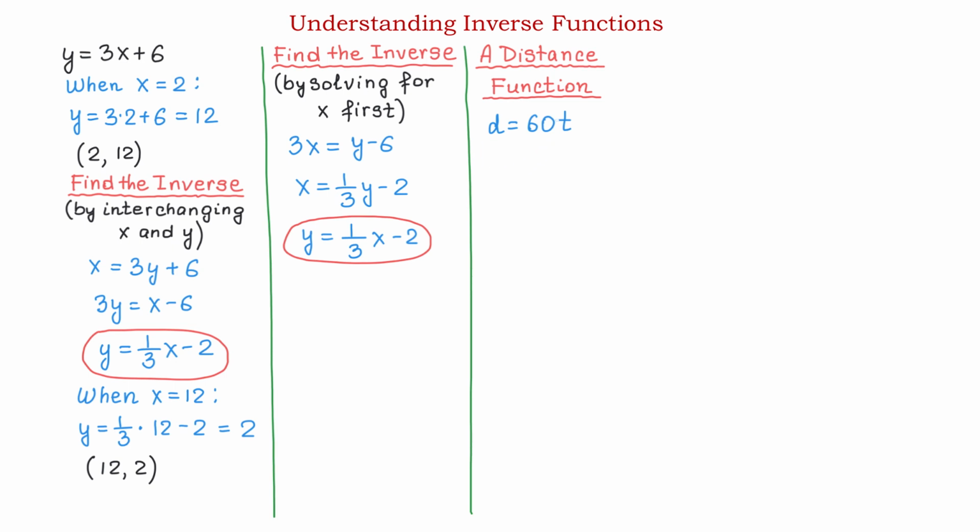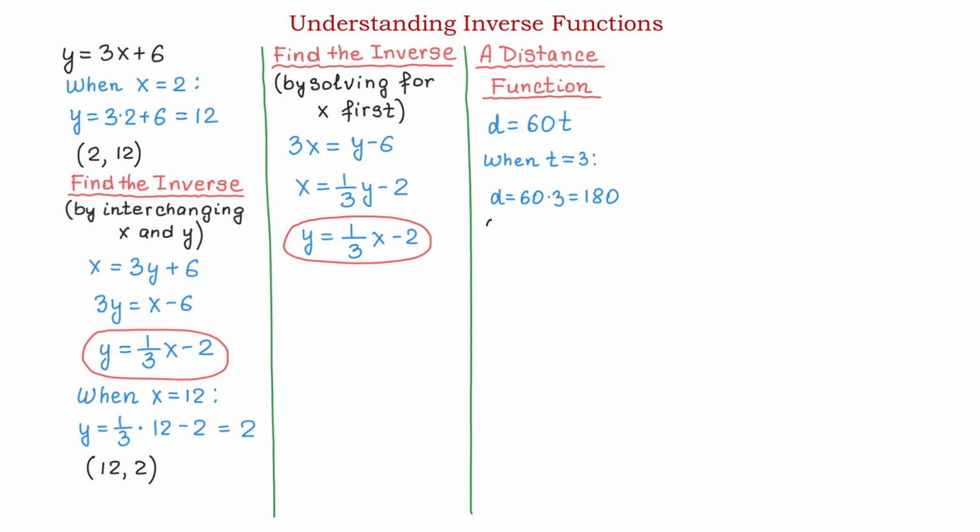If in this function we replace t with 2 hours, then 60 times 2 will be 120 miles. So in 2 hours, the vehicle will travel 120 miles. And if, for example, t equals 3, then d equals 60 times 3, which makes 180 miles.